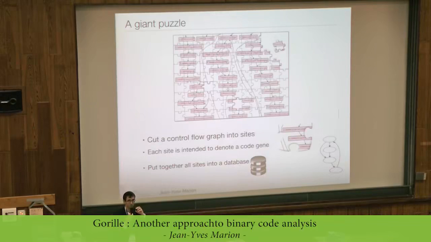Okay? And then you have a set of small pieces of your puzzle, which are small abstractions of the control flow graph. And now finding some similarities, or finding some functions, or saying that some program is a malware is just to take these pieces of the puzzle and put them in the program that we are analyzing, seeing the connections and so on. Of course, we will not be able to cover all the program that we are analyzing, but just maybe some part.